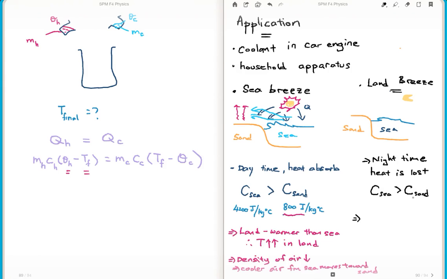Who will cool faster? Every 800 joule of energy lost, the temperature drops by 1 degree. So definitely the land, correct or not? So the land cools faster because the specific heat capacity is lower. It will become cold faster than the sea.